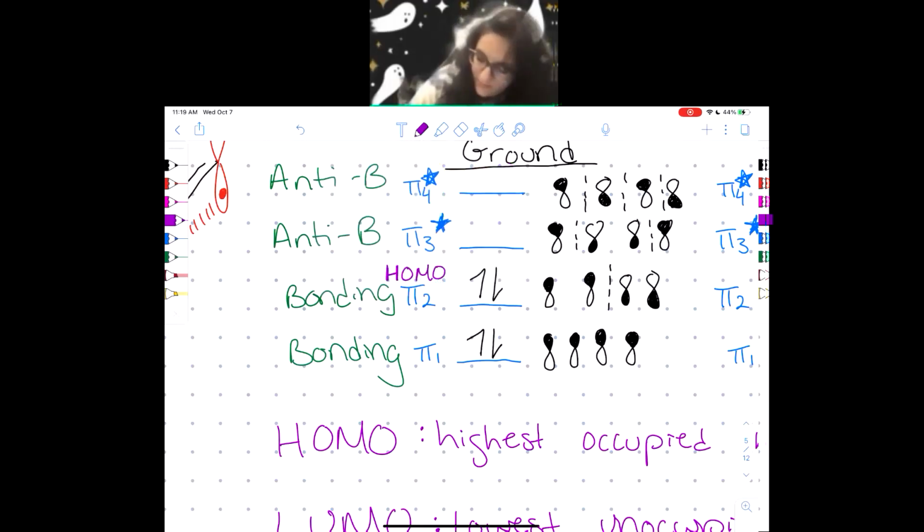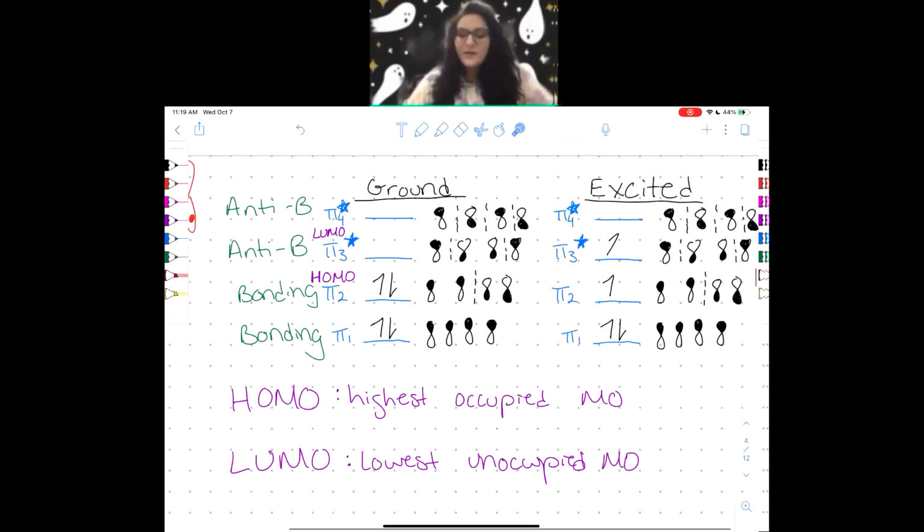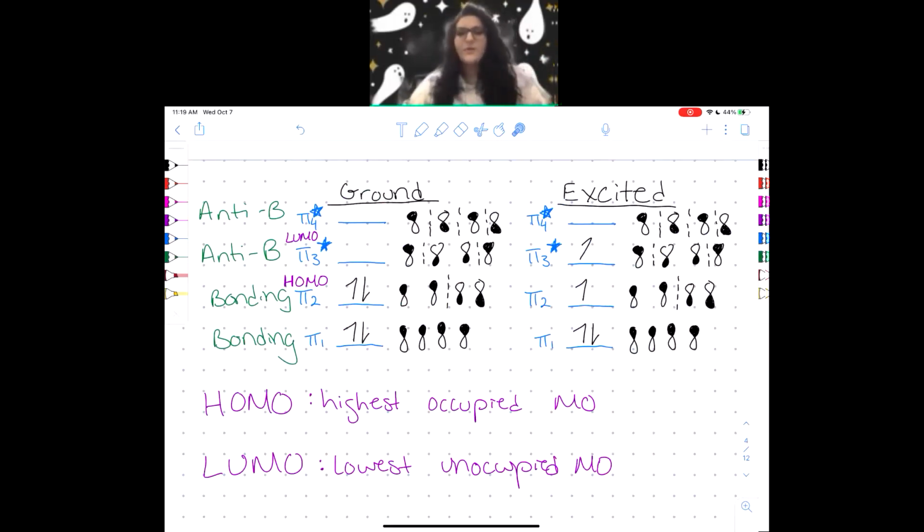So since that is the lowest energy level that is empty, it is going to be the LUMO. And since this is the highest energy level that is full, it is going to be the HOMO. So now in the excited state, which one is going to be the HOMO? Okay, and what's going to be the LUMO?